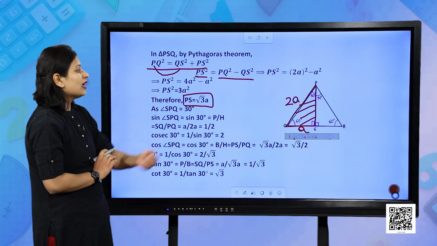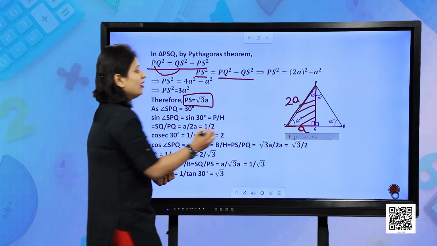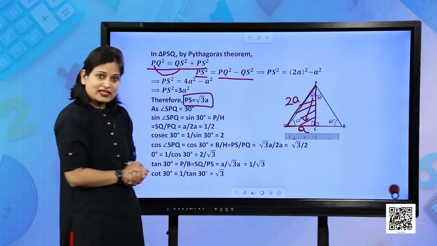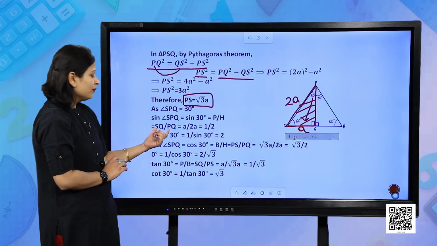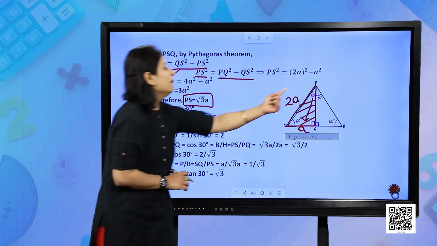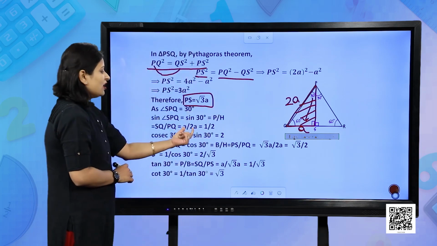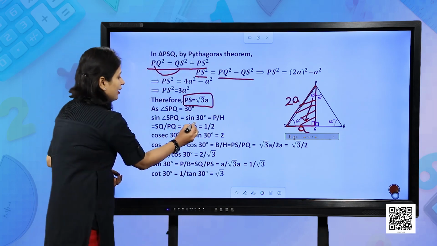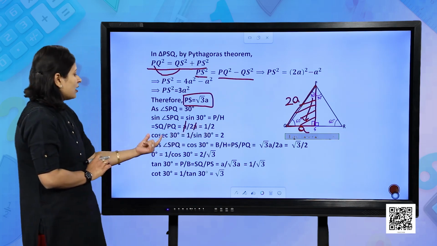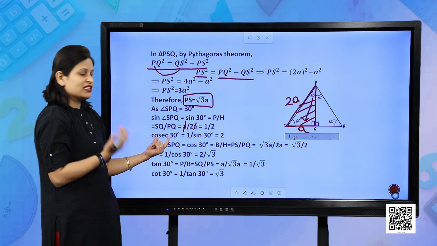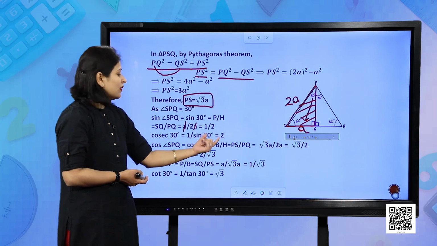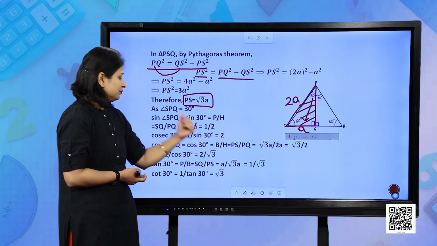Here the perpendicular with respect to angle P is QS divided by the hypotenuse. What will be the hypotenuse? PQ. So, A divided by 2A. A and A will get cancelled out. You will get 1 by 2. Now, cosecant function is just the reciprocal of sine function. So, you will get 1 upon sine 30. The value will become 2.